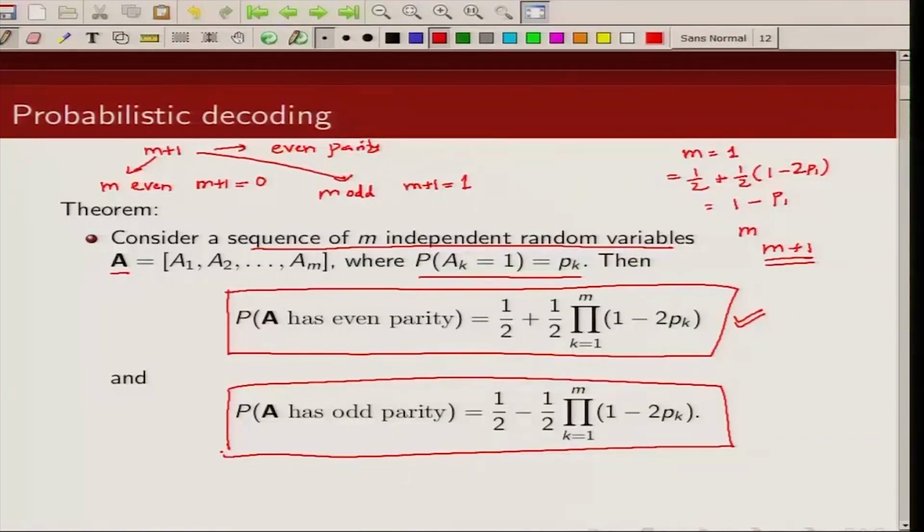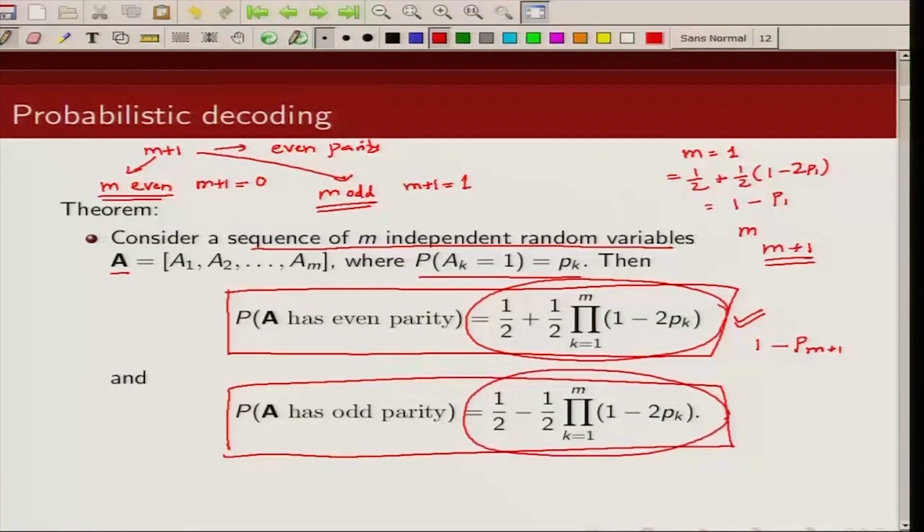So what is the probability of m being even? That's given by this. What's the probability that the (m plus 1)th is 0? That is given by 1 minus p(m plus 1). What is the probability that m of them is odd? That's given by this probability. And what's the probability that the (m plus 1)th random variable is 1?